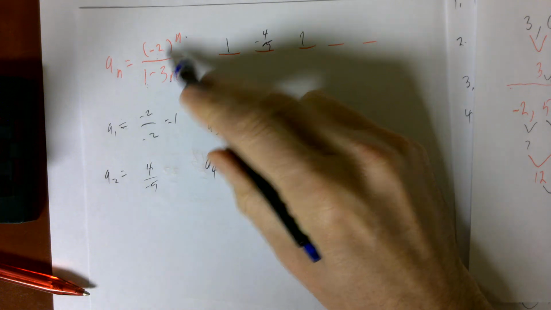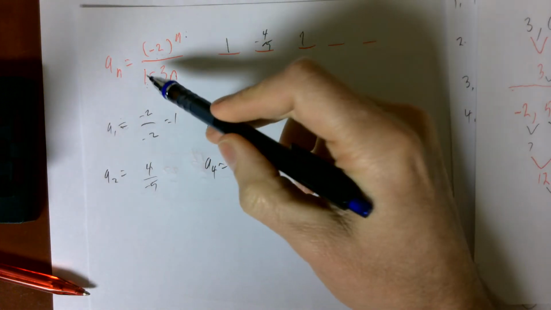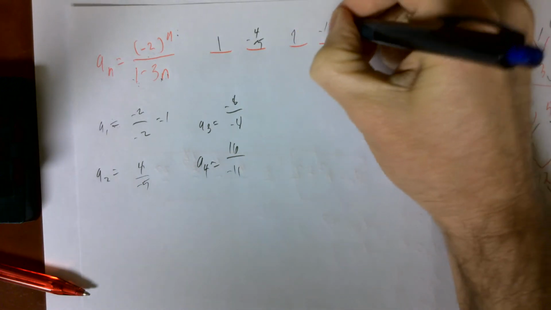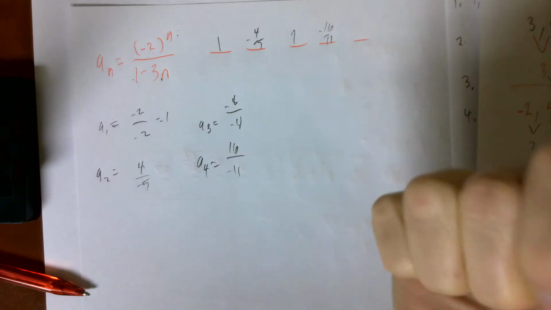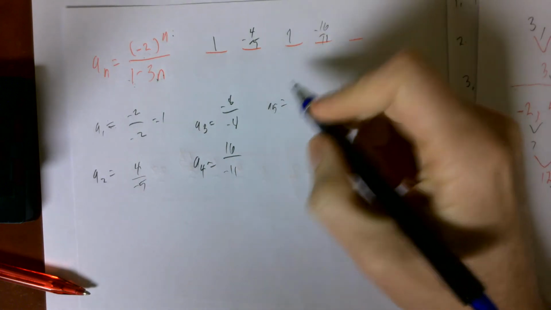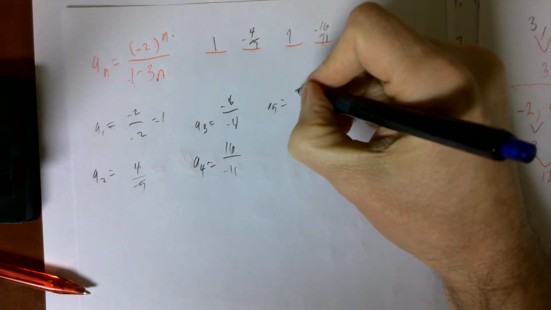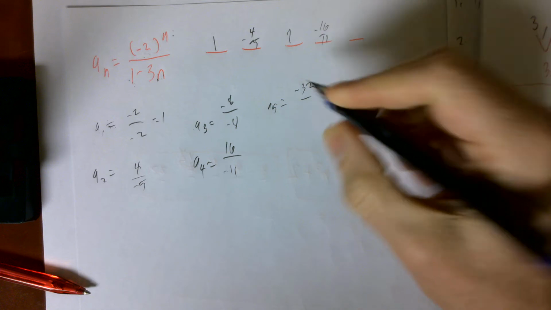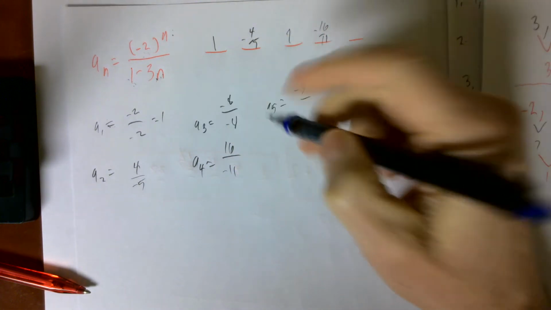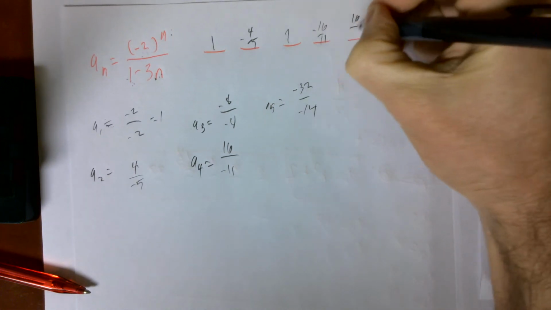Plug 4 in, -2 to the fourth gives you a +16. 1 minus 12 is -11. So I get -16/11. And the fifth term, plug 5 in, -2 to the fifth is -32. And let's see, 1 minus 15 is -14. So I end up with 16/7.